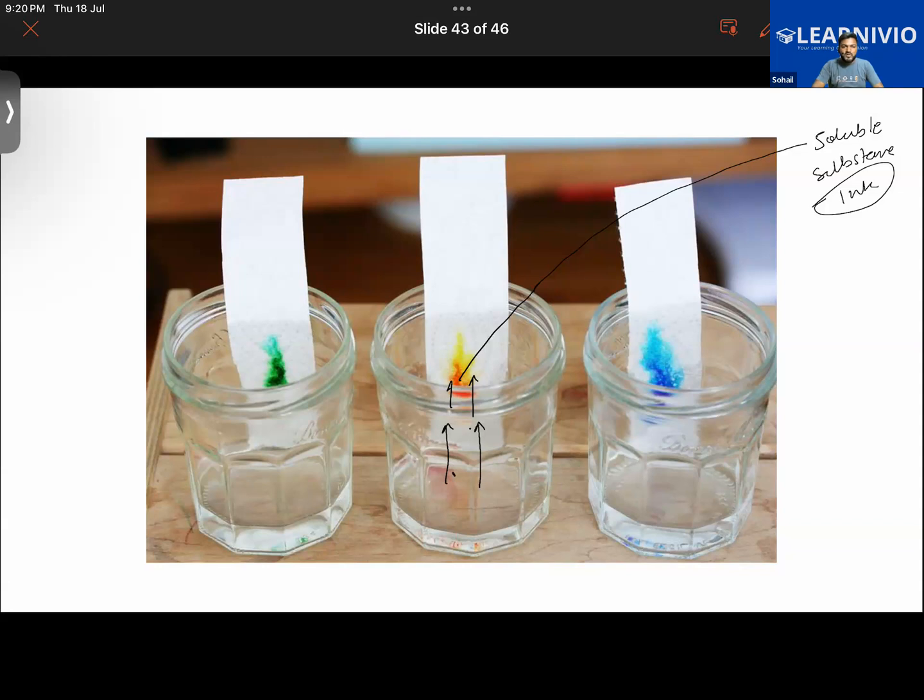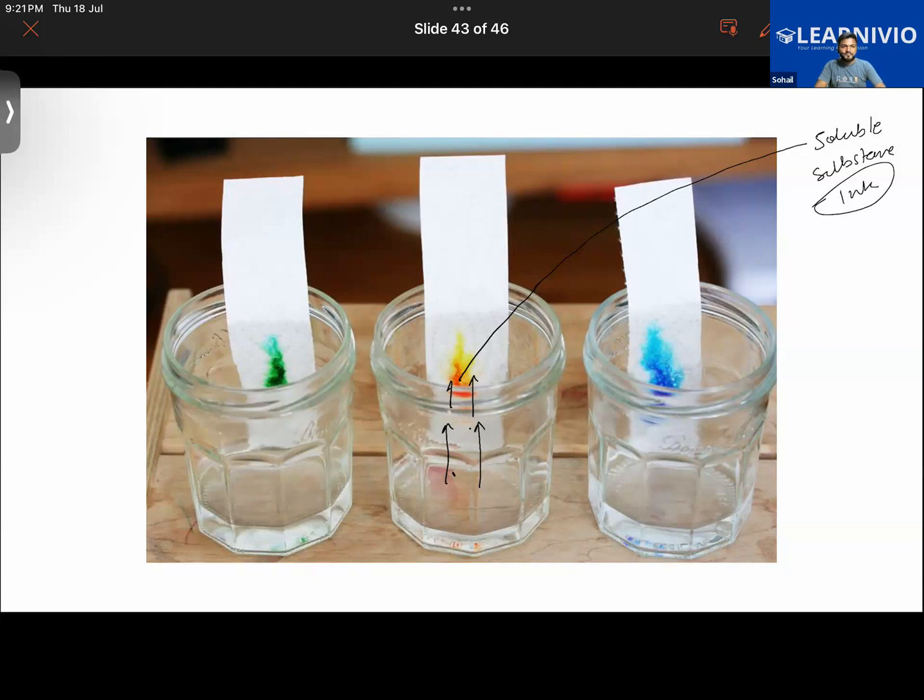So the thing about paper chromatography is that the soluble substance present in a solvent disperses into different colors since it is soluble in water, right? Hope you guys are able to understand this.